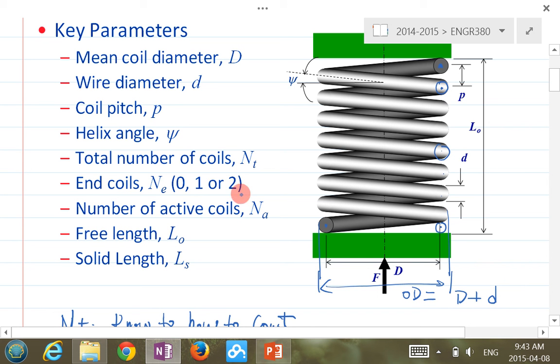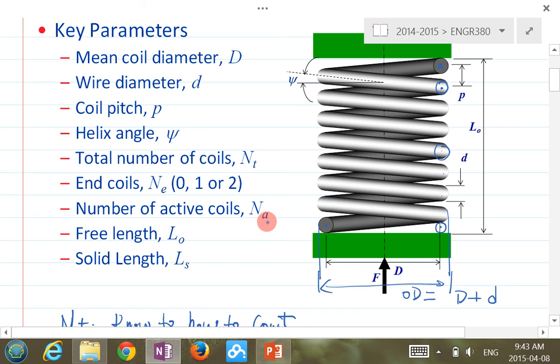Now, because of different endings, we have this so-called different number of active coils. So, for example, if this is a plain ending, then the active coil Na will be the same as the total number of coils Nt, right? But if the ending is squared or grounded, then the Na will be different from Nt. And how do we figure that out?